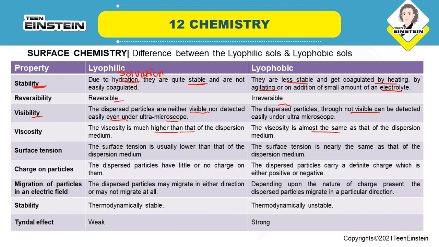Next, some more properties. Surface tension. Surface tension is basically the tendency of the liquid to remain in an area which is as minimum as possible. Suppose in a container there is a liquid, and consider the molecules present in the bulk and the molecules present at the surface.